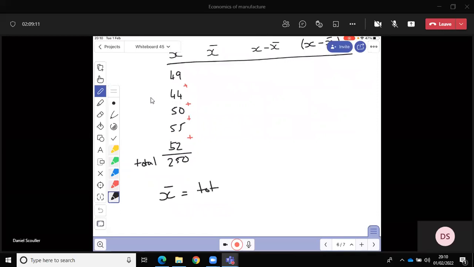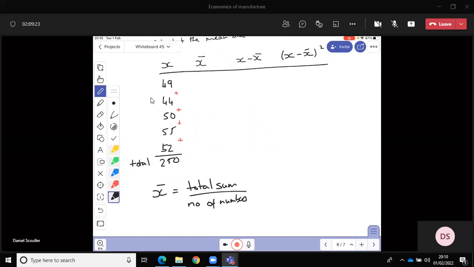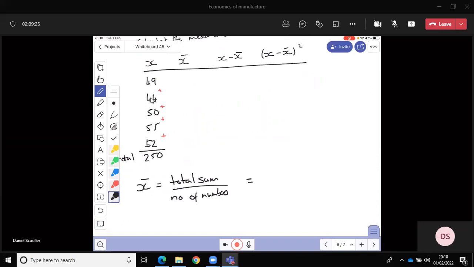So the total of all the numbers summed together, divided by the number of numbers. So that's going to be 250 divided by 5, which will just give us a mean of 50.